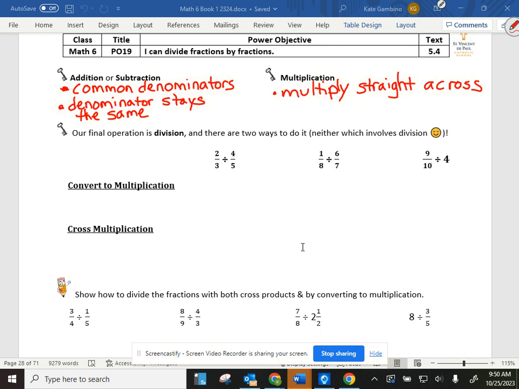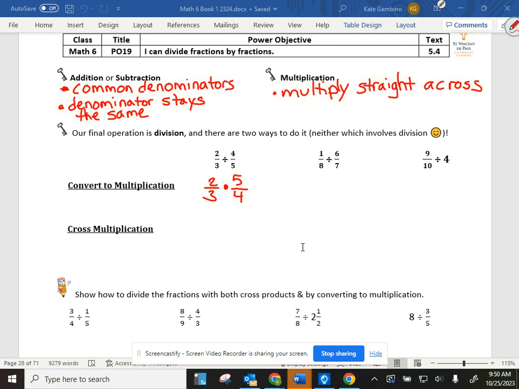So to convert to multiplication, our first fraction stays the same. Then we're going to flip dividing to multiplying. And if we flip dividing to multiplying, we flip our second fraction to its reciprocal.